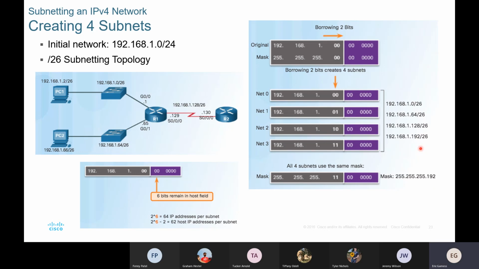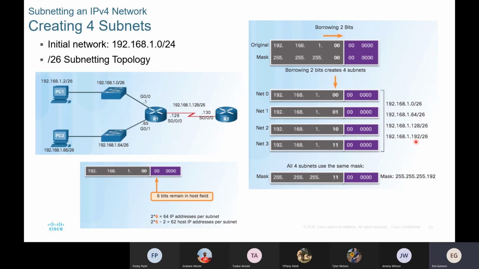If I ask you how many IP addresses in total we have in each subnet, the host part has 6 bits. So it will be 2 to the power of 6, and 2 to the power of 6 is 64. That's why I go by steps of 64. There are 64 IP addresses in each subnet.